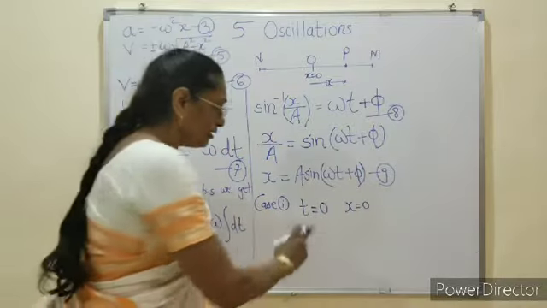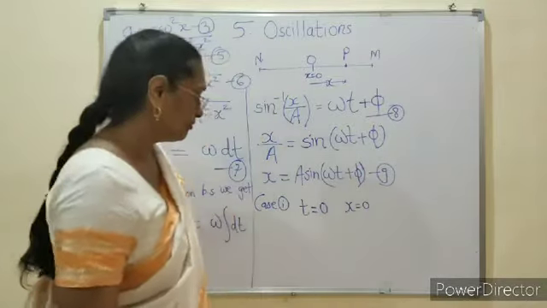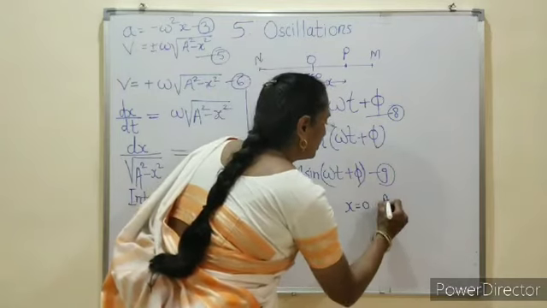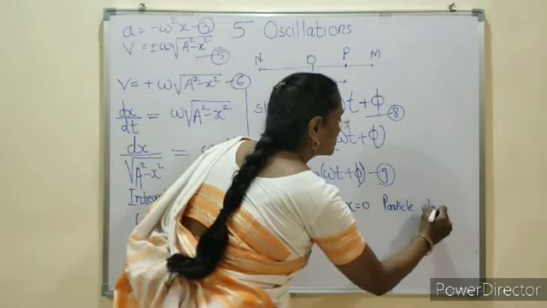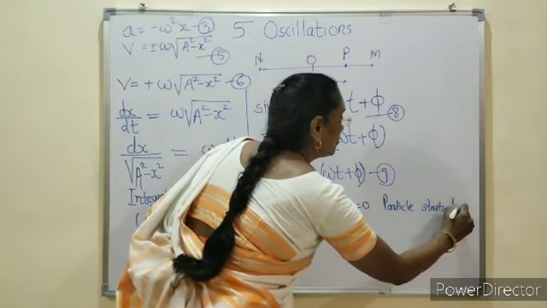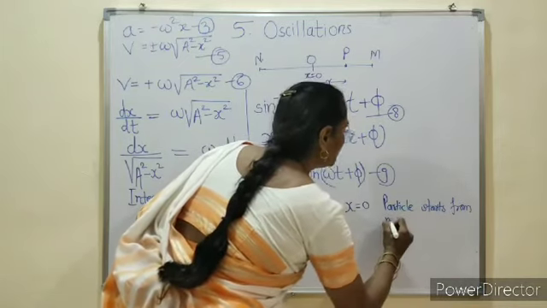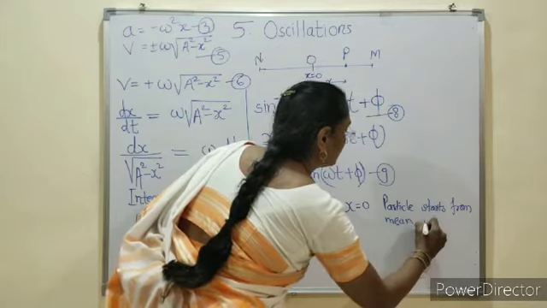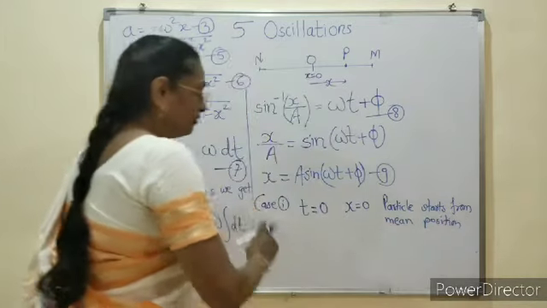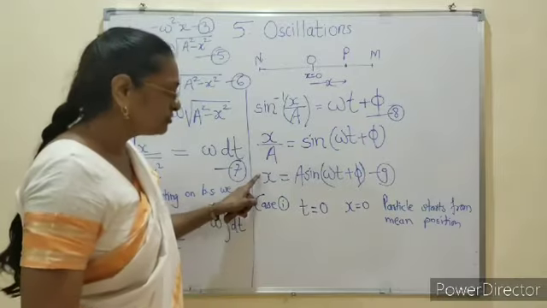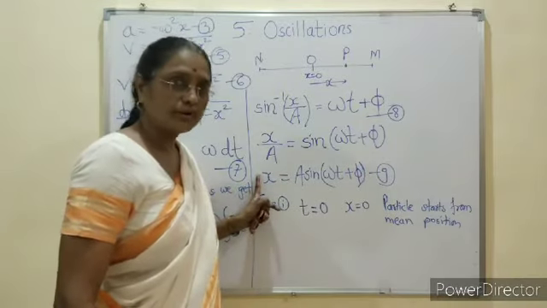Mathematically we write: particle starts from mean position, then the form of the equation modifies.